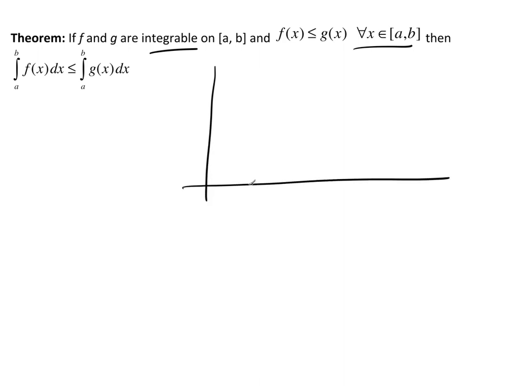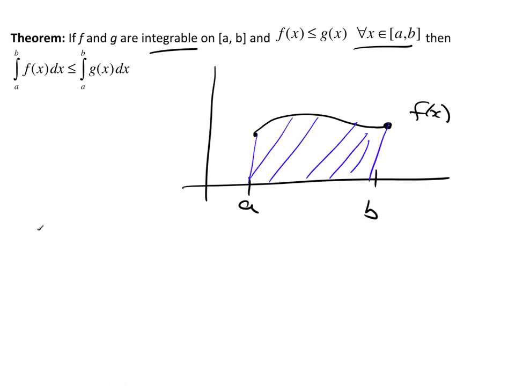Well, let's do this. Again, let's do this curve. And let's suppose that this is f of x. Well, f of x, if I integrate this, is going to give me all this area. Now let's pick g of x, and g of x needs to be greater than or equal to f of x everywhere. So it could be equal, so maybe we're equal right there. Every place else we're greater than.